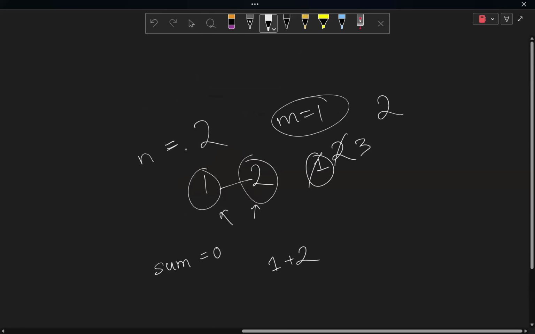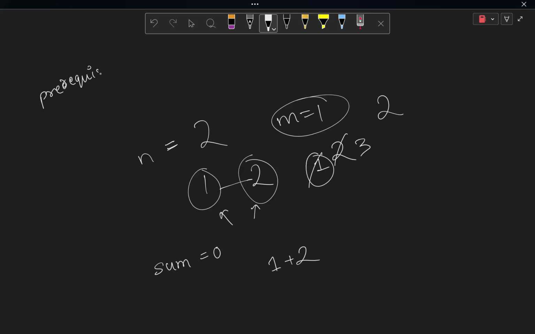So let me mention the prerequisites first. The prerequisites are, first of all, probability. You should know about it a little decently. Then the next thing is expected value. You should know what expected value is and how to find it. One more thing, you should know about modular inverse.